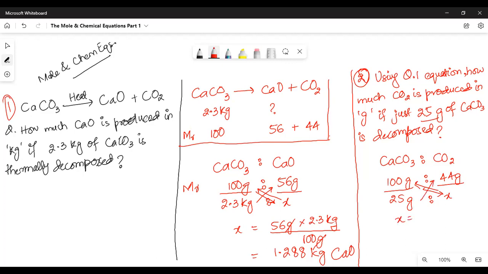So X is equal to 44 grams multiplied by 25 grams over 100 grams. So we cancel out grams and grams, and 25 ones are 25, 25 fours, it's really easy. 4 ones are 4, 4 11s are, so this is actually 11 grams. So X was the mass of carbon dioxide. So mass of carbon dioxide is 11 grams.